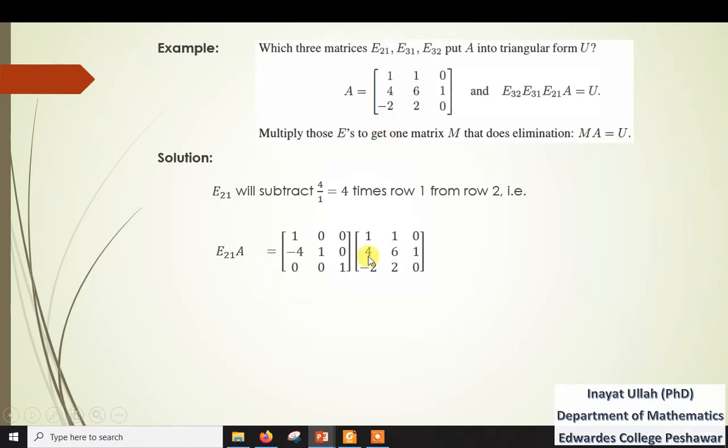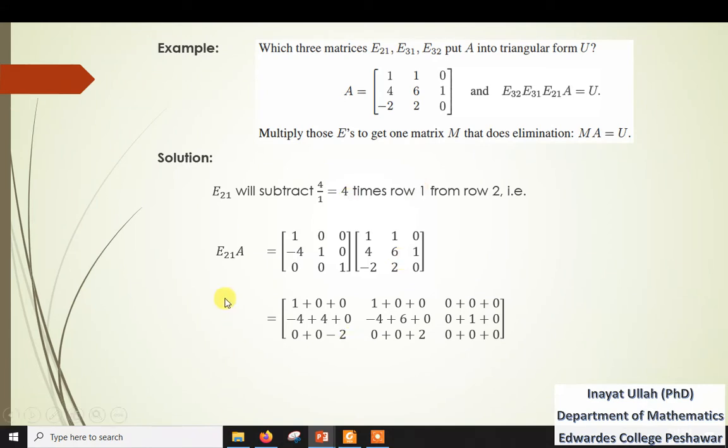Now multiply these two matrices. We have studied in the previous lecture that we multiply this row with the first column to get this number, and this first row with the second column to get this sum, and now multiplying this row with the third column to get this sum. Now coming to the second row and first column, then second row second column, and second row third column, multiplying these.